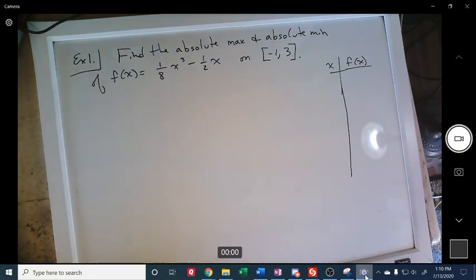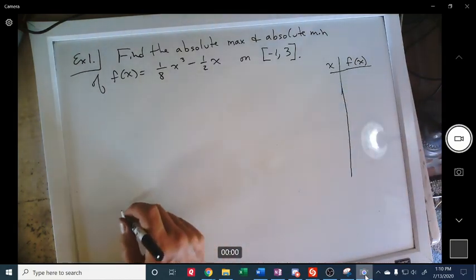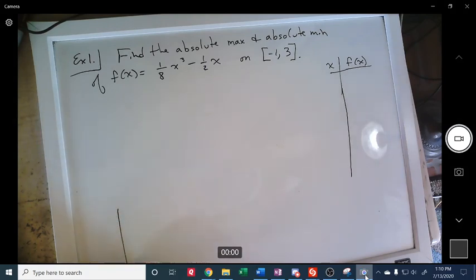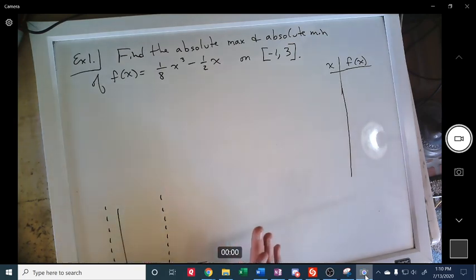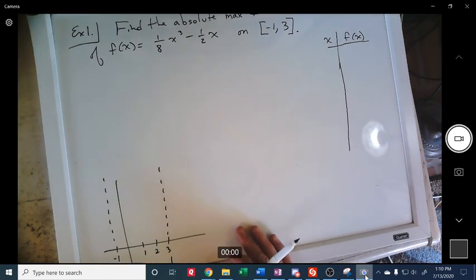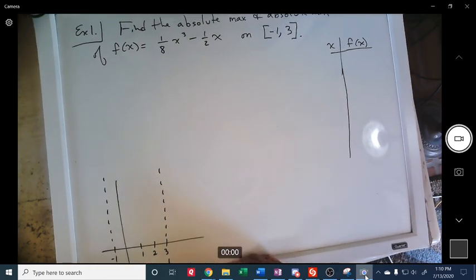I can tell that, you see, because the graph of this thing from -1 to 3, I'm just carrying what's happening to this function in this interval between -1 and 3.